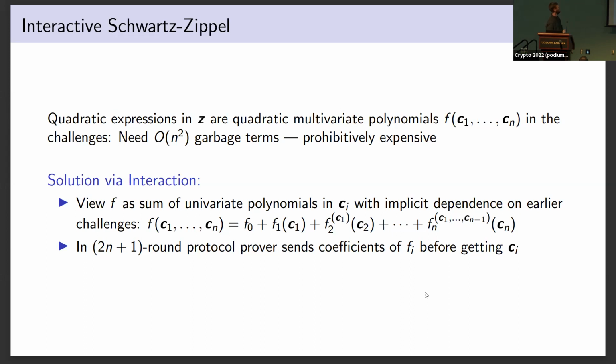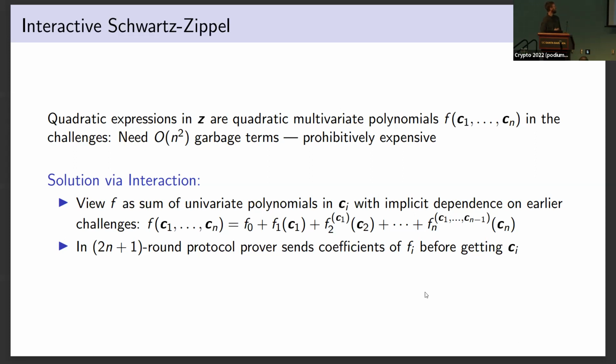So this is a univariate polynomial in C1. And then more interestingly, f2 is the polynomial that contains all the terms of f that depend on C2, but maybe also on C1, which we view as an implicit dependence. So we get a univariate polynomial in C2 where the coefficients depend on C1.